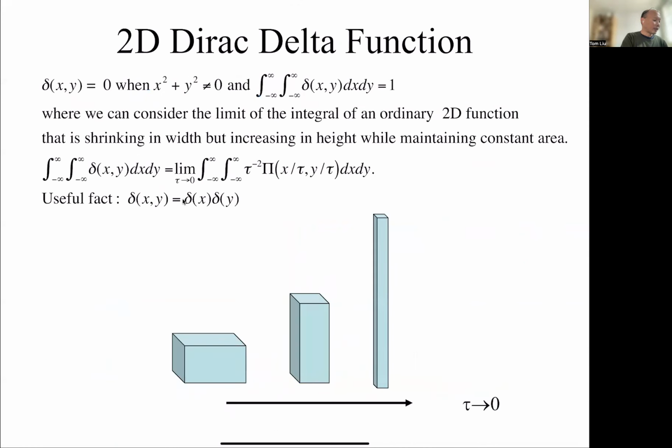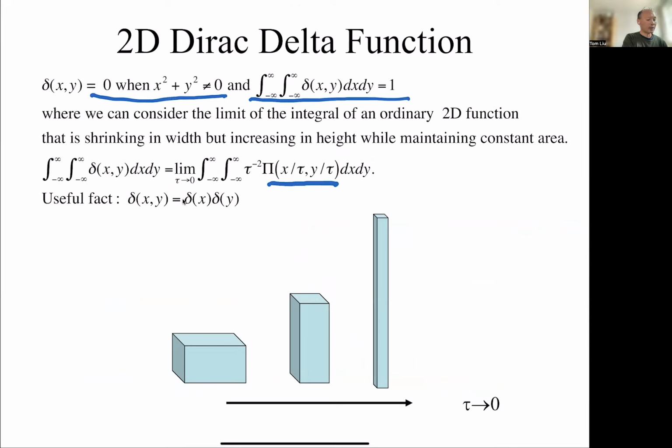We can also have a 2D Dirac delta function, which is equal to 0 when you're not at the origin, but it also still has this property that the area under it is equal to 1. So we can model this as a 2D rect function that has area of 1.